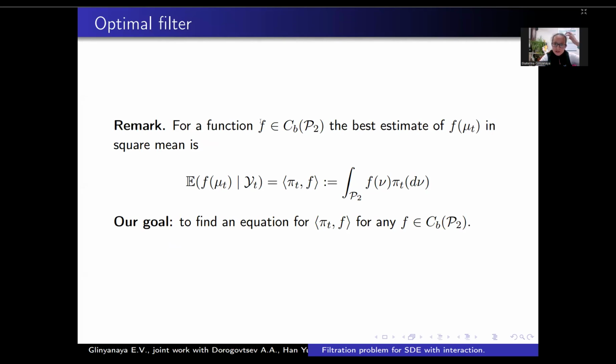If we consider a quite big family of functionals f, then we will know everything about the distribution P itself.